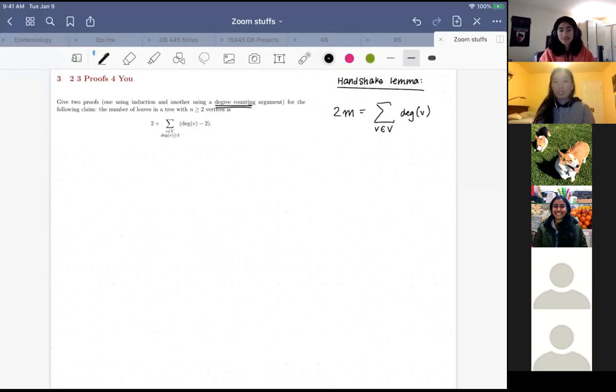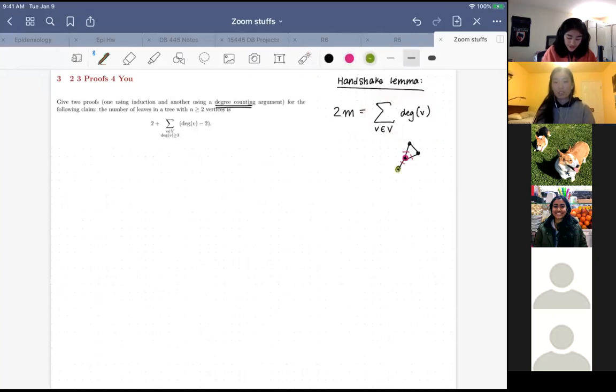So there's a couple of ways you can see that this property makes sense. One way to see it is that if you've got some graph, so here's our graph, I'm just going to go through each vertex and add up its degree. So if I start off with this vertex, I'm going to add 1, 2, 3.